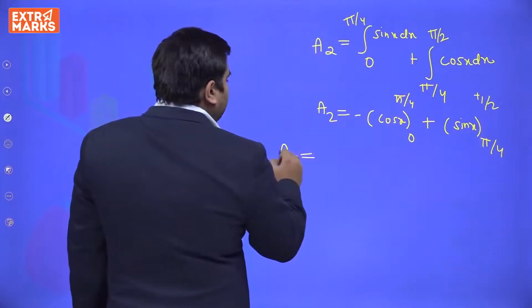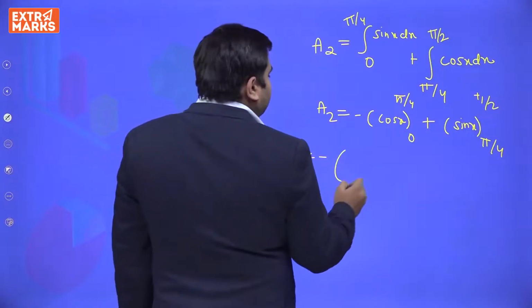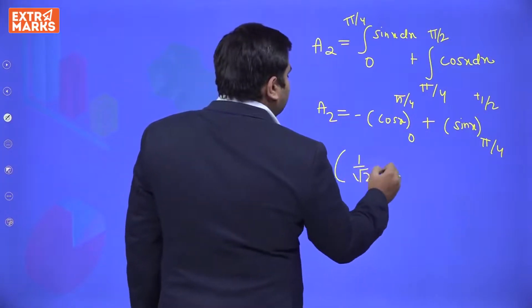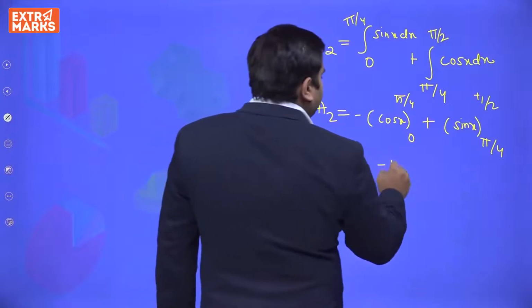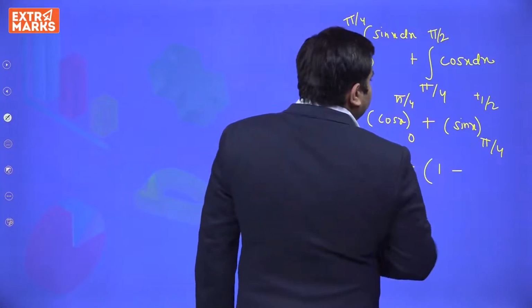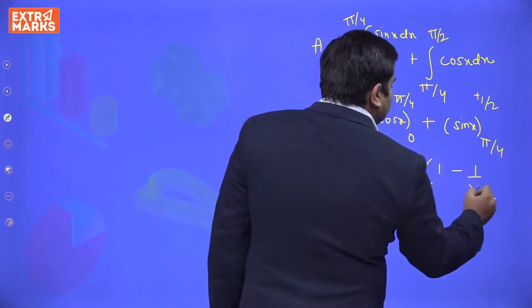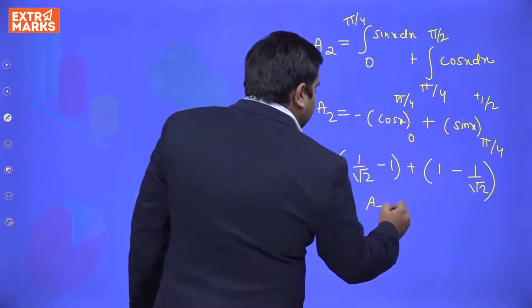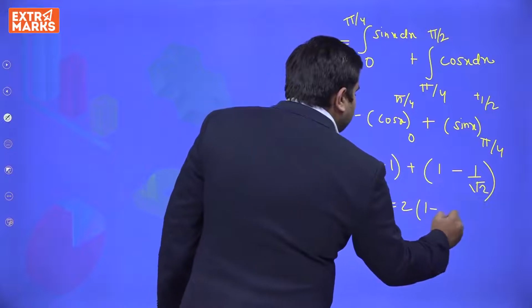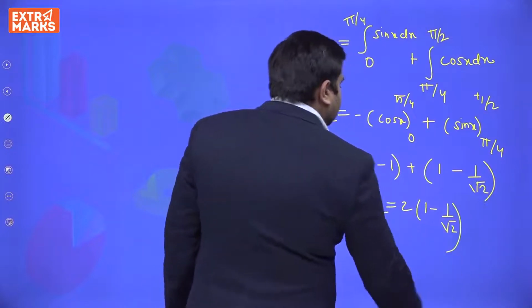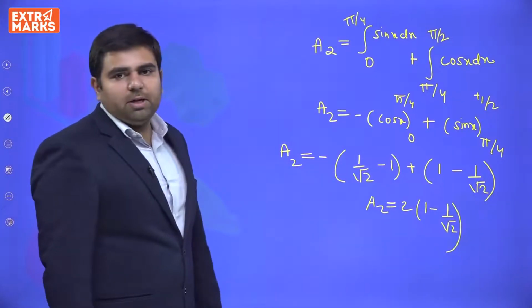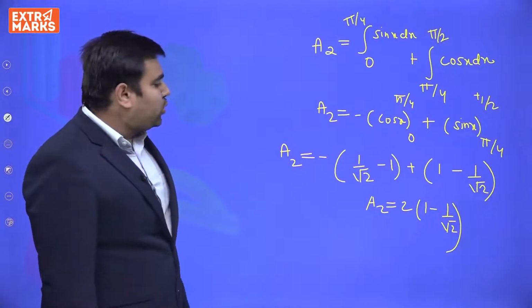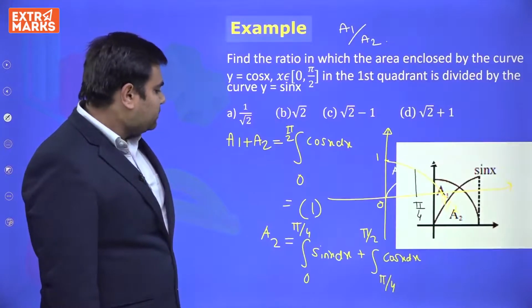So this comes out to be cos pi by 4 is 1 by root 2 and cos 0 is 1, plus sin pi by 2 is 1 and sin pi by 4 is 1 by root 2. So a2 is 2 times of 1 minus 1 by root 2.